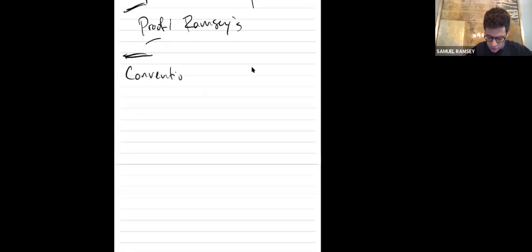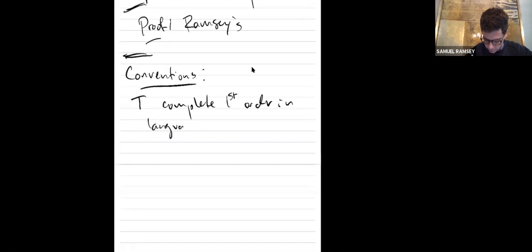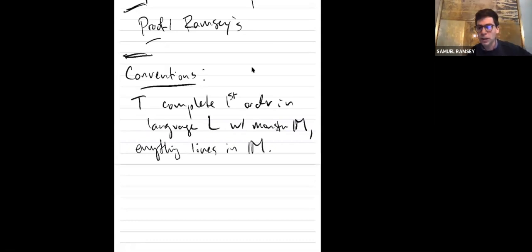So let's just fix conventions. T will always be the theory I'm working with, which is complete first order in the language L, with monster model M, and everything lives in M. So this is the normal model theoretic convention.